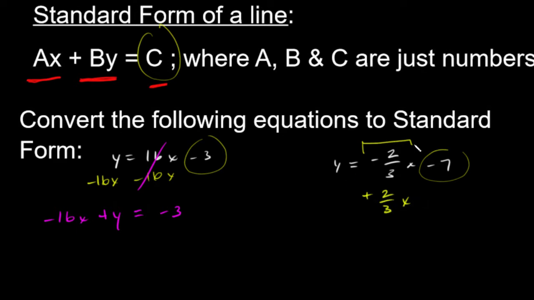And that's totally allowed, because if you had a negative 2/3 x and you added 2/3 x to it, they cancel out. You want to add 2/3 x over here, and you will get 2/3 x plus your y, because that y stays here, equals negative 7. And that's it. We have converted from slope-intercept to standard form. It's like a one-step process.